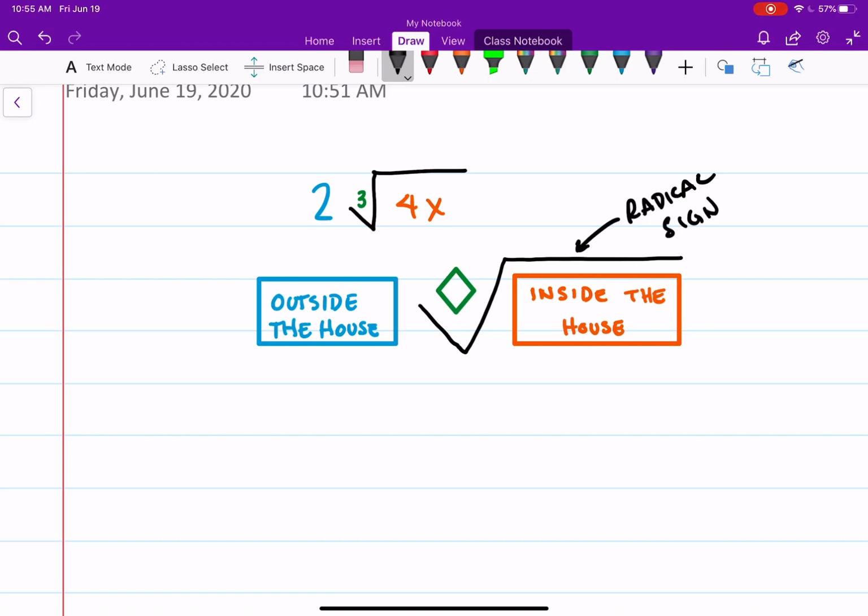The 3 that's in green, that's going to be in this wedge here, is called the index or the root, and I call this in the wedge. So that's essentially the parts of a radical sign.